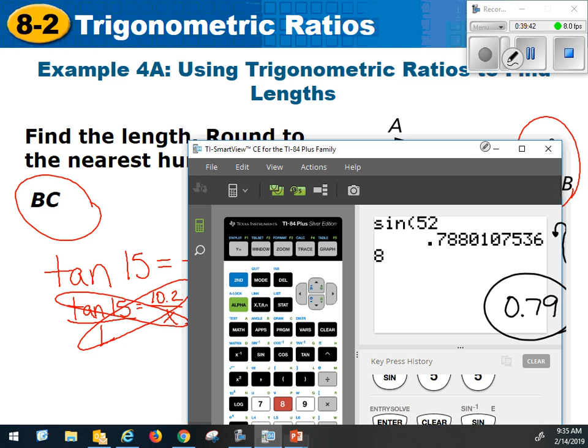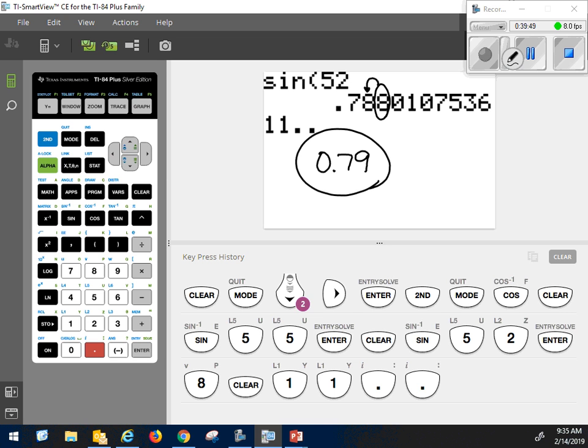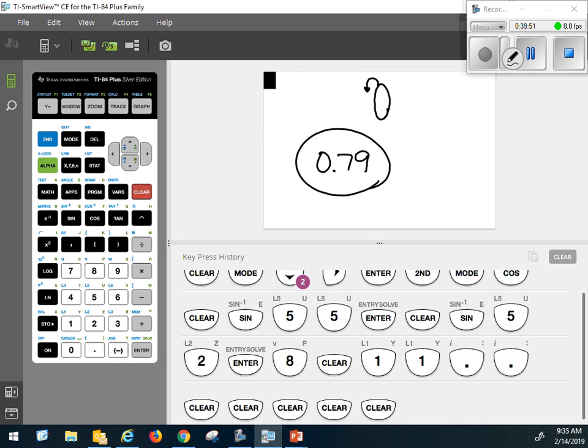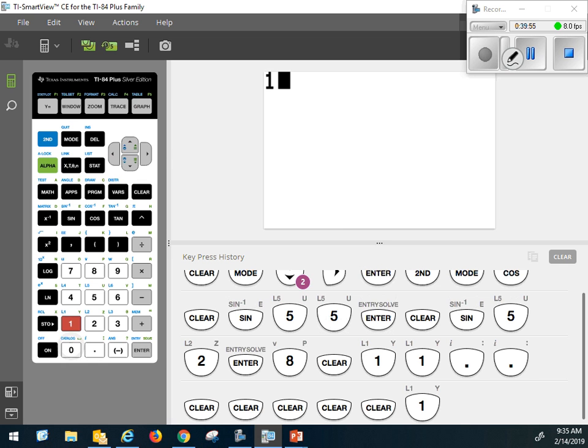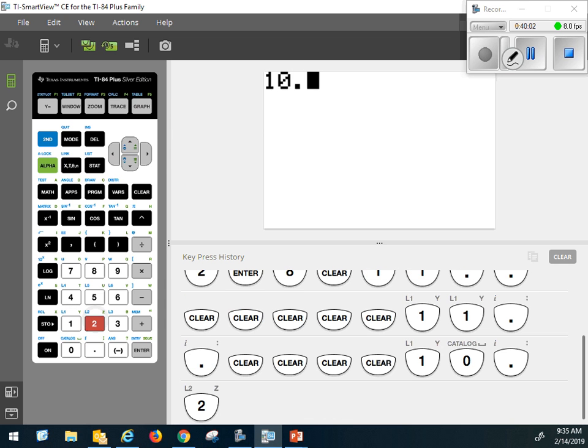So again, 10.2, oops. I went too fast. Come on. 10.2 divided by the tangent of 15.